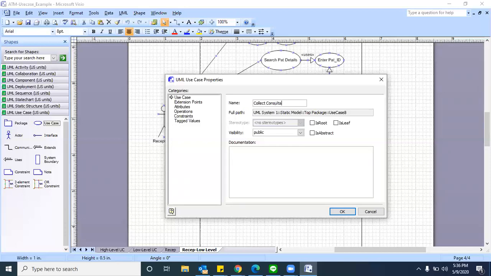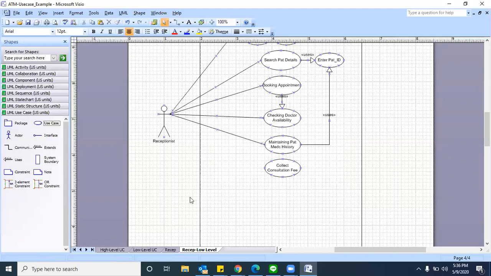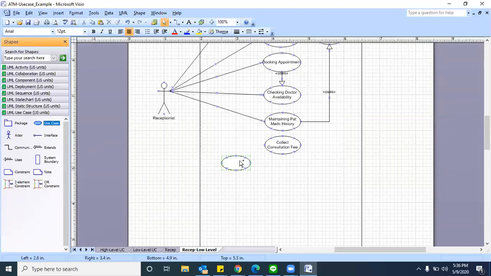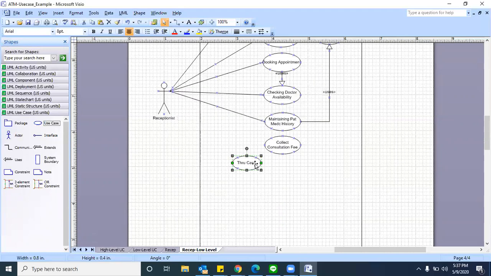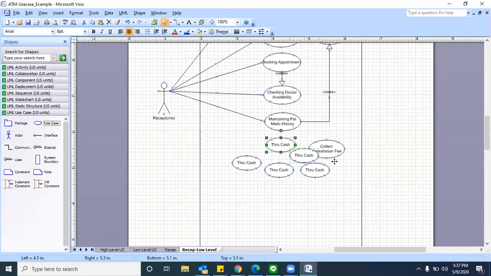And this consultation fee can be paid in four different ways, either through cash, through card, through wallet, and one more thing, UPI.